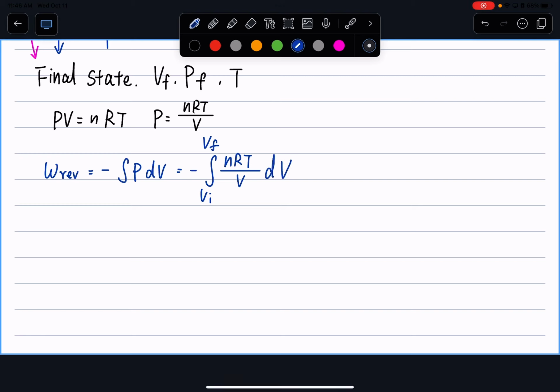Now your n, R, and temperature are all constant for this isothermal expansion.